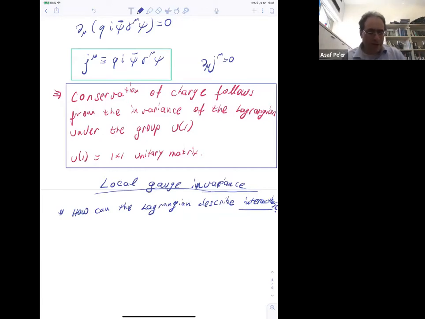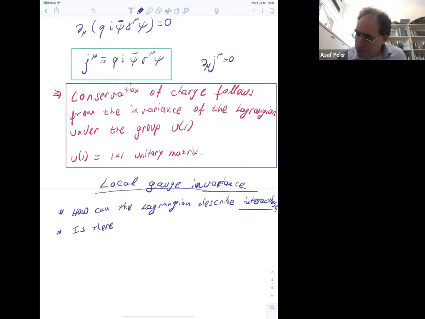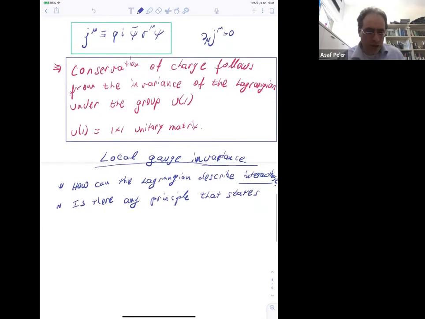So the question is, is there any principle in nature that states which interactions can be added or are allowed?